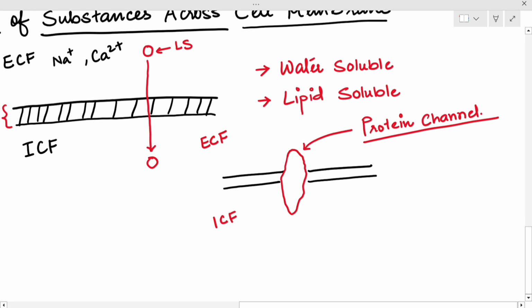Now suppose this is a water soluble molecule, so it can't pass through the lipid bilayer. So this water soluble substance can get transported into the intracellular compartment with the help of this protein channel. This protein channel will allow the water soluble substance from the extracellular compartment into the intracellular compartment. In this way the water soluble substance gets transported into the cell via this protein channel.